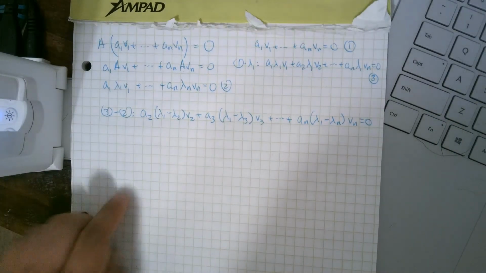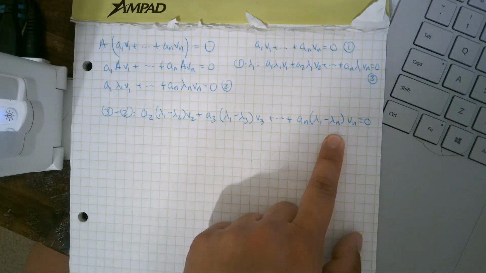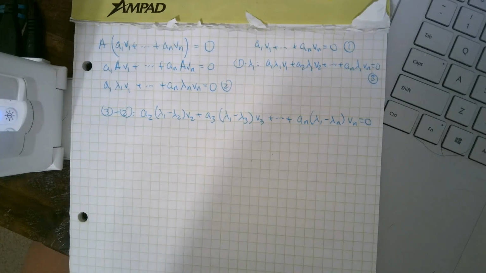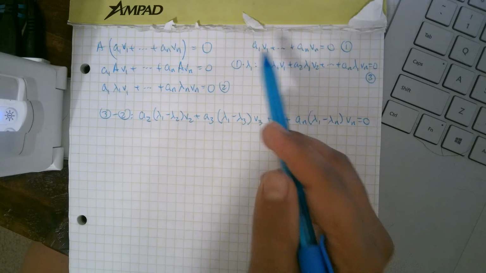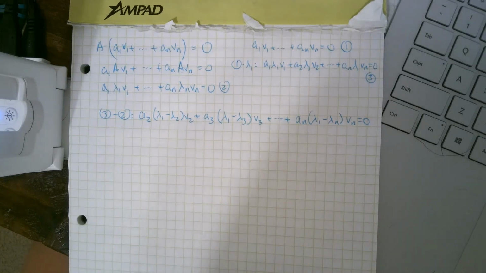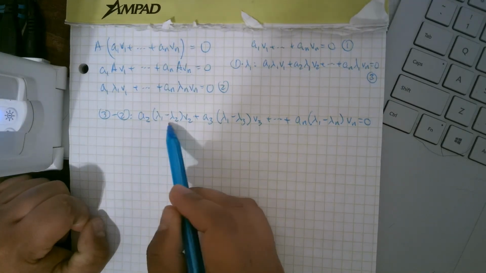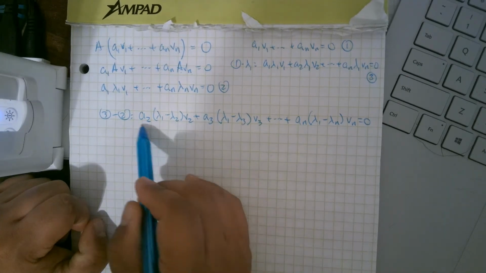And we claimed that all the lambdas were distinct, so none of these are 0. And the an's are not all 0, because if they were all 0, then that would mean a1 was 0, which would mean all the an's were 0. Okay, so we have a linear combination now of v2 through vn with coefficients not all 0.